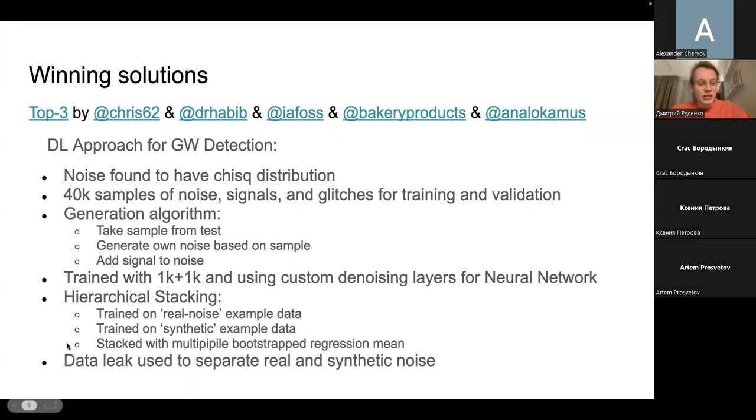So that's the leak they found, which helped them at the end. They generated 40,000 samples of noise, signals, and glitches by manually labeling the samples. We found out that there are some glitches, but we didn't manage to find out if they were really glitches. We were wondering why these samples don't count towards signals. We were thinking that those were signals, but they were just glitches of detectors, and they were a part of the noise.